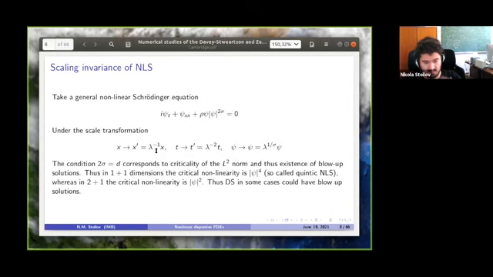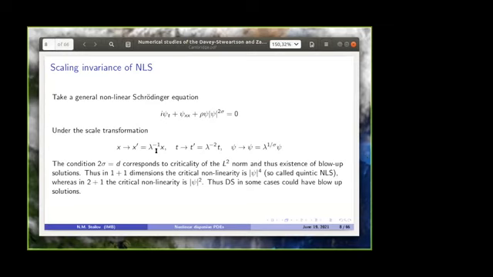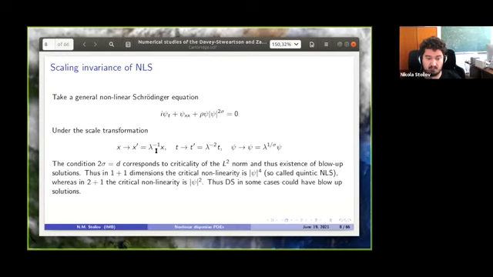Now, there is a large amount of partial differential equation results on the behavior of NLS and particularly critical behavior. And the idea of how it works is to look for scaling invariance. So we have a scaling transformation for the generalized nonlinear Schrodinger equation.